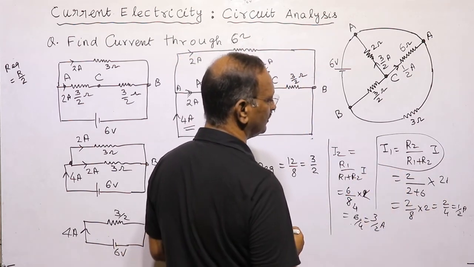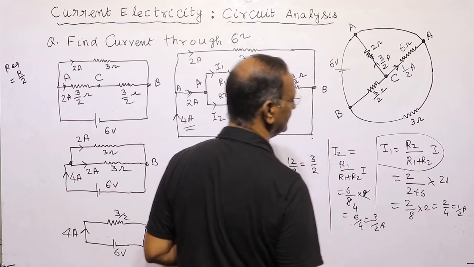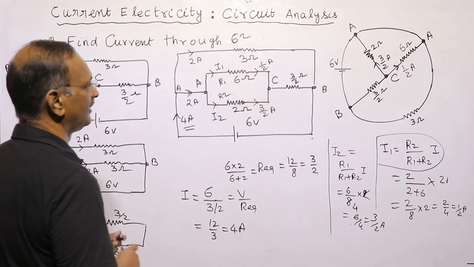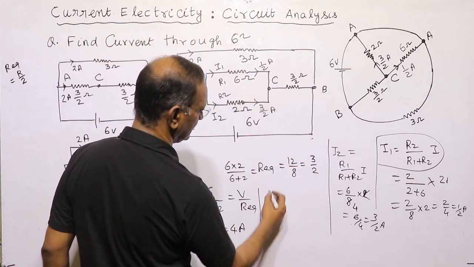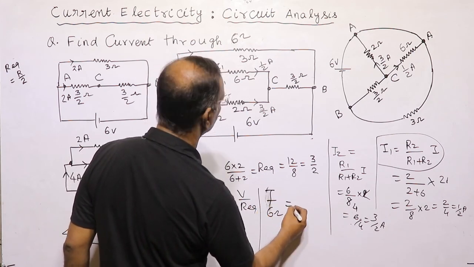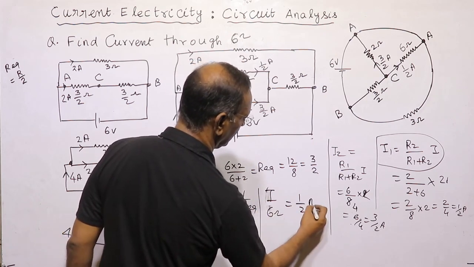Current in one branch is equal to the resistance in the other parallel branch, over the addition of both, into the net current flowing across this parallel circuit. So the current through 6 ohm is half ampere.